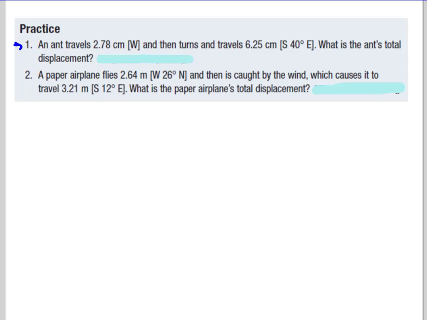An ant travels 2.78 centimeters to the west, and then turns and travels 6.25 centimeters south, 40 degrees to the east.